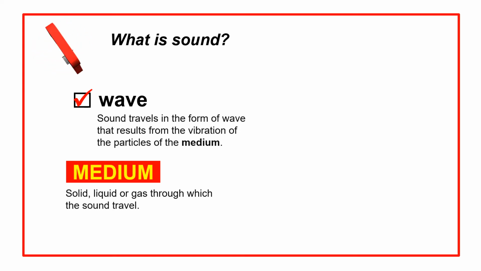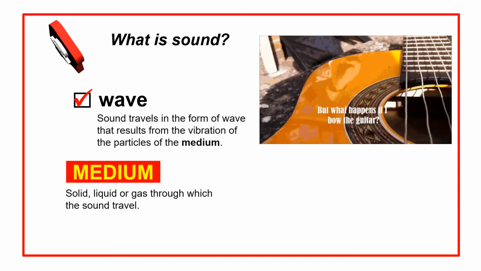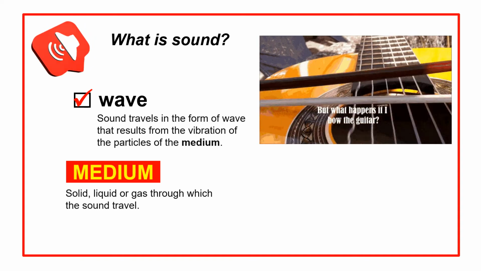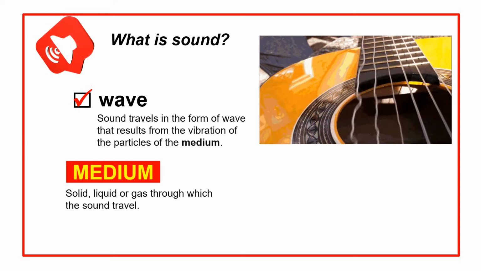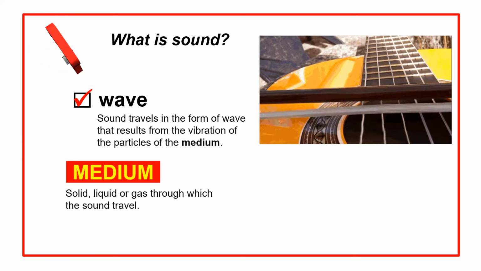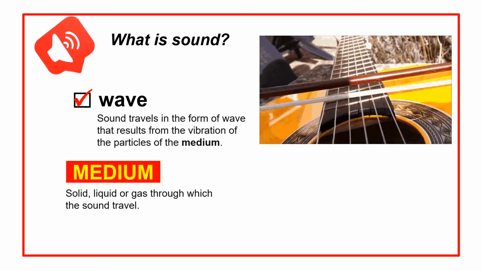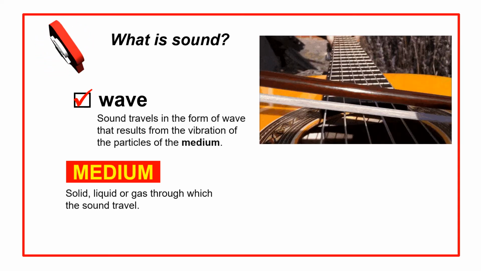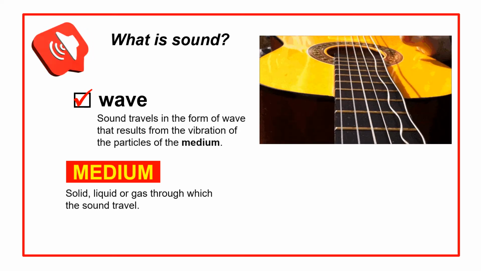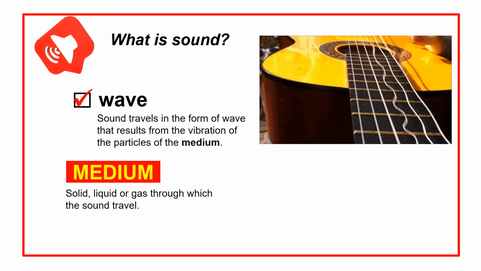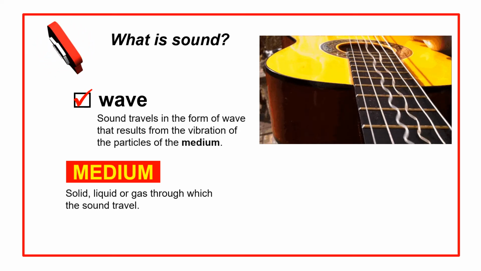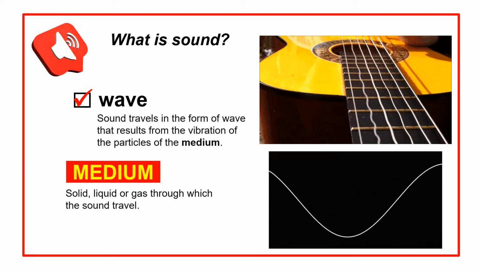Now, to give you an idea of how the sound wave looks like, observe the guitar, the strings of the guitar, how they make a wave pattern as they are being played. That's how a sound wave looks like.